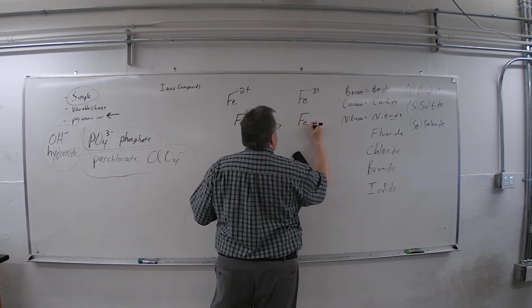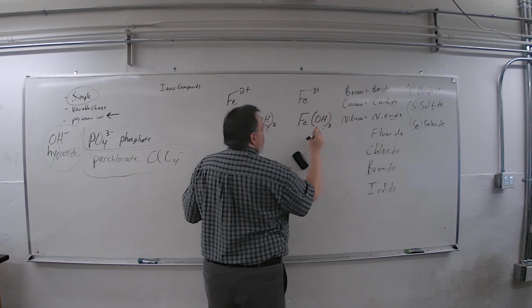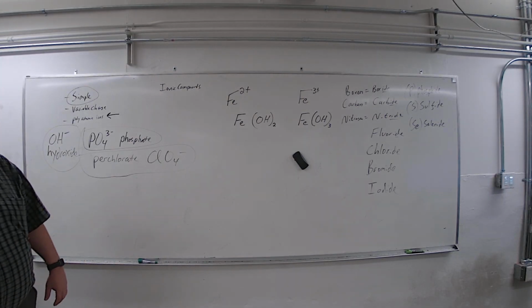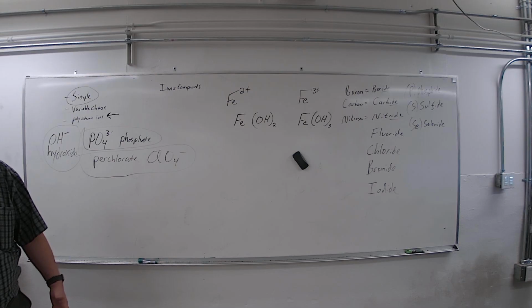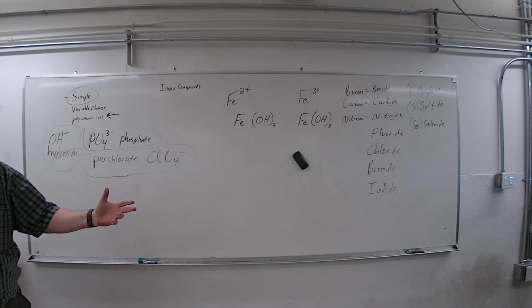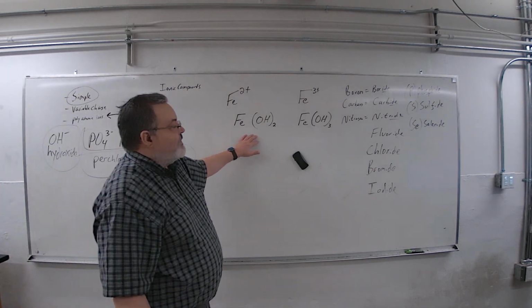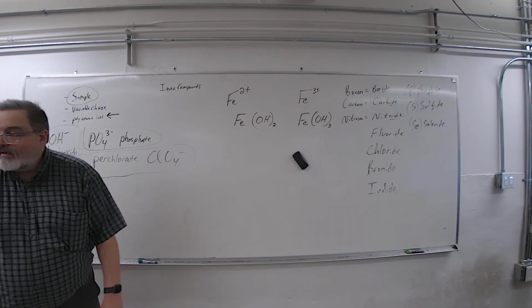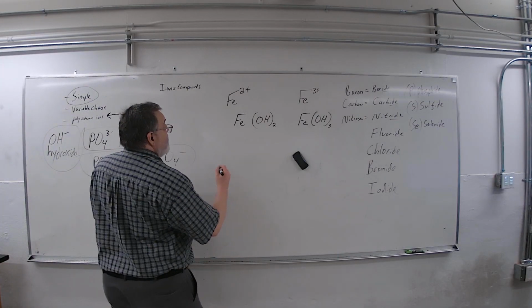And if it's 3+, that would be the formula, right? Both of them we would call iron hydroxide, and that's a problem. Because if I sent you to get me some iron hydroxide out of the stock room, you'd get halfway there and go, oh, crap, does he want this or does he want this? And turn around and come back and ask me, do you want Fe(OH)2 or Fe(OH)3? So we need different names for these.